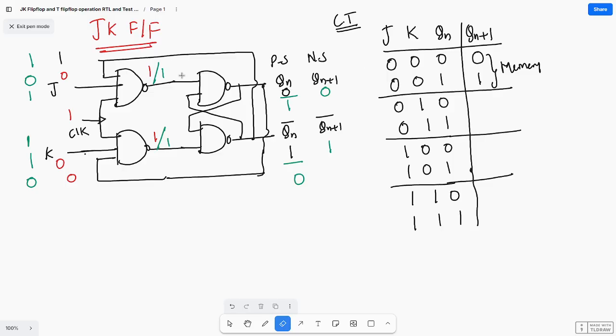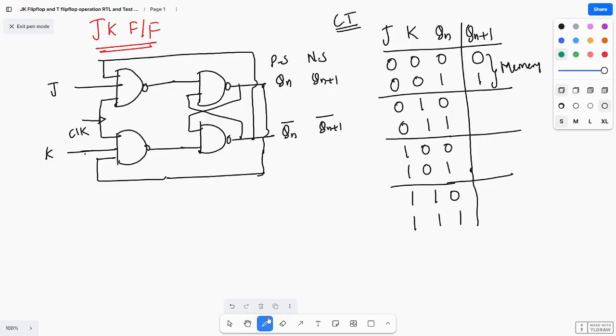Second case I will check. So this is the first case, second case, third case and fourth case. Second case, if you check, what is that?